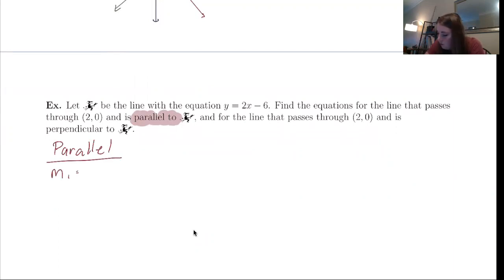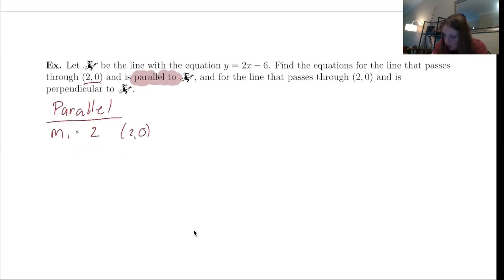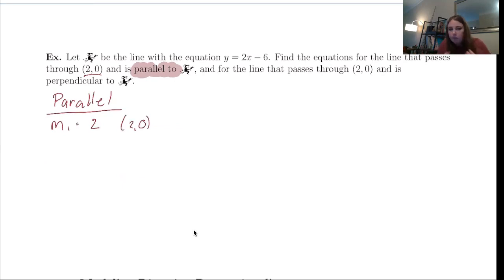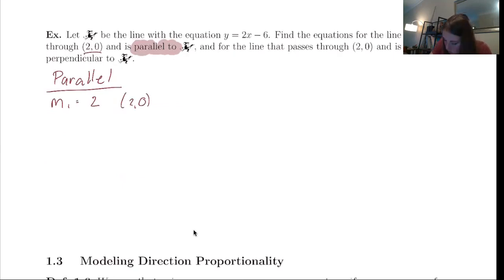We're trying to find a line parallel to y equals 2x minus 6, right? It's going to be 2. And I'm already given the point that it goes through. It's (2, 0). I'm given a slope, I'm given a point. Let's use point slope. So y minus 0 equals 2(x minus 2). So y equals 2x minus 4. You could have left it the first way or the second way, either or. All right.